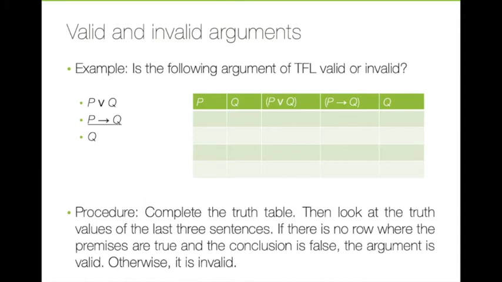P or Q, the first premise, if P, then Q, the second premise, and Q, the conclusion. It's important to relist Q to signal that it's the conclusion, all the way to the rightmost column. You're also welcome to mark it in some other way that signals it's the conclusion.